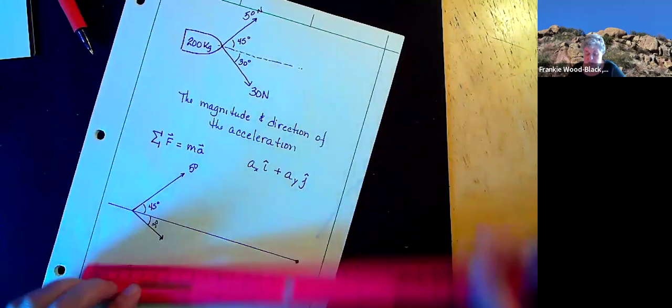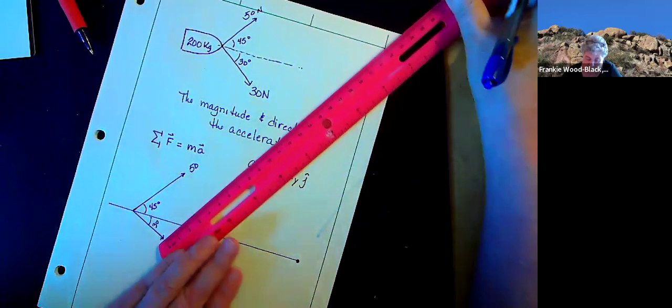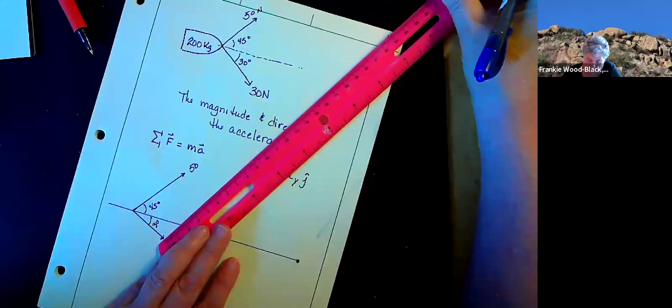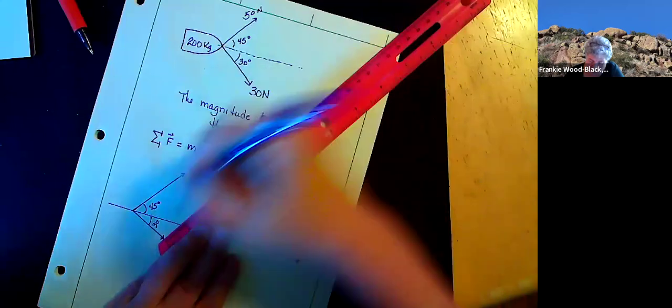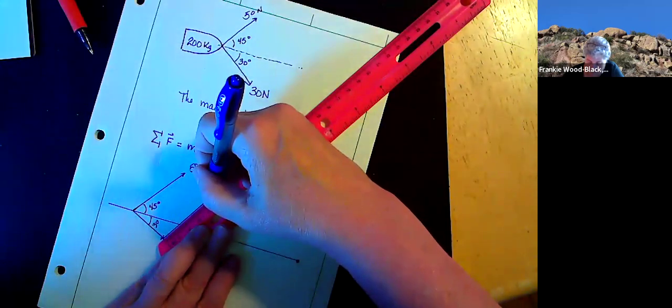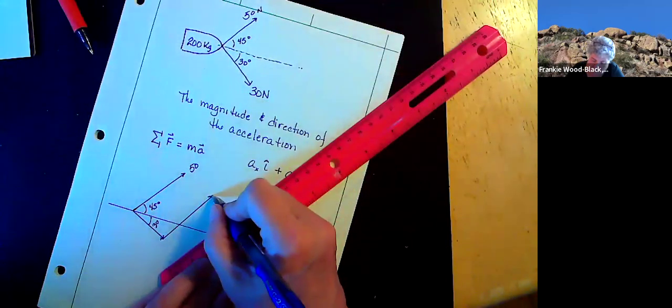Well, one of the interesting things is I can add my vectors head to tail, and I can come up with a force diagram. So there's my 50 newtons.